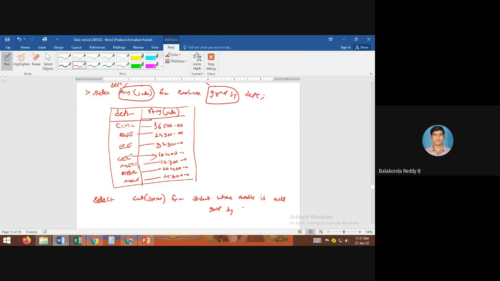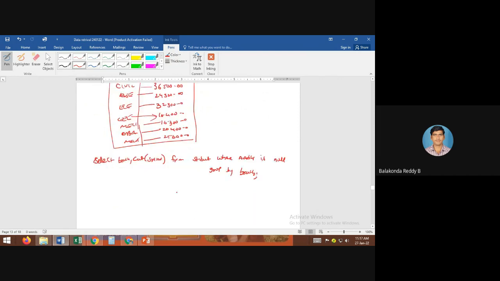Group by, based on which factor? Branch. See here, now I am writing branch, comma, count of roll number from students where Aadhaar is null, group by branch. So it displays the count branch wise of how many students are not having the Aadhaar number. Why am I mentioning branch here?